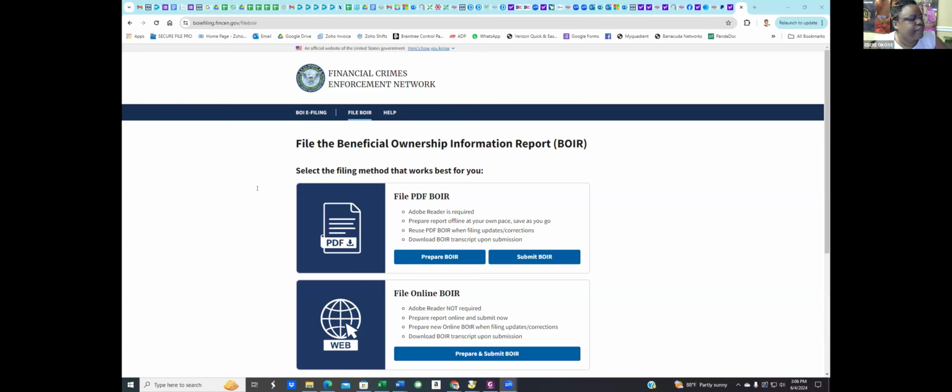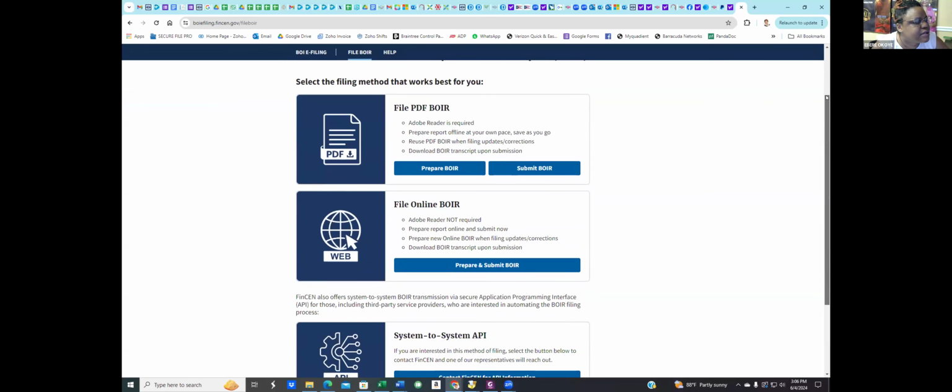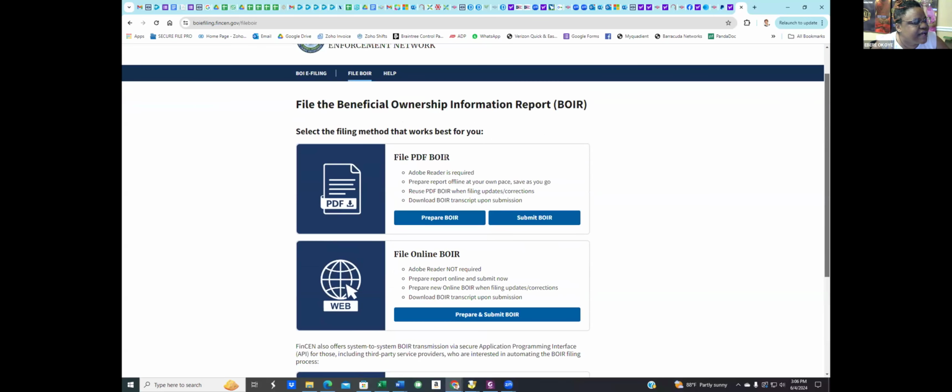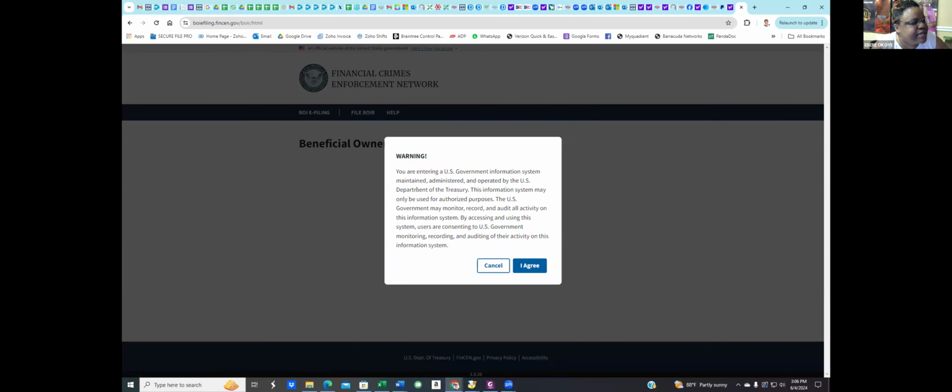All right, so I'm posting the link in the chat. And this is the form. It says to file the PDF or file the online one. For me, I want to do the online one, prepare and submit.